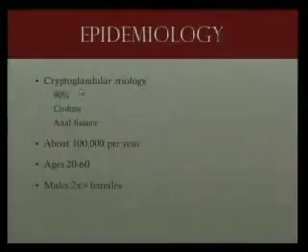As far as the etiology, when I see patients in the office with abscesses and fistulas, they frequently ask what caused it, and of course I can tell them cryptoglandular. But the question they're really asking is, what did they do or not do to get an abscess or fistula?